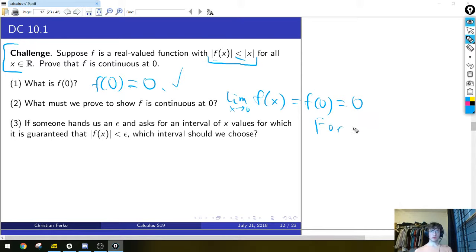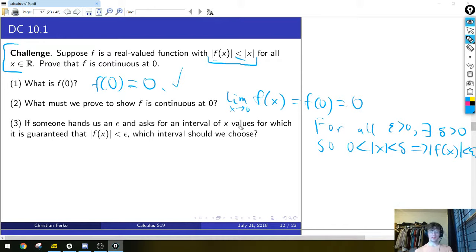This unpacks into the statement that for all epsilon greater than 0, there exists delta greater than 0, so that 0 is less than the absolute value of x is less than delta implies the absolute value of f of x is less than epsilon. So that's what we have to prove.